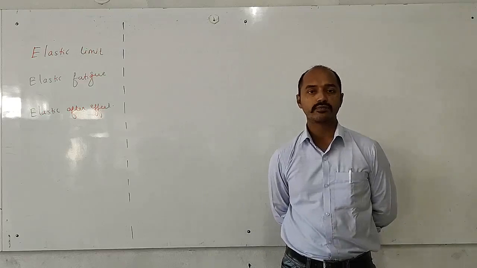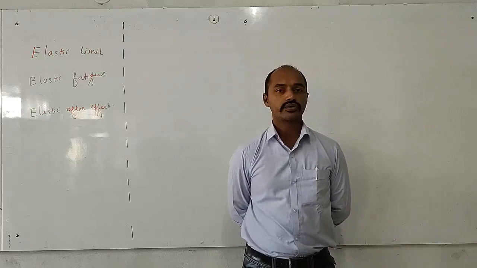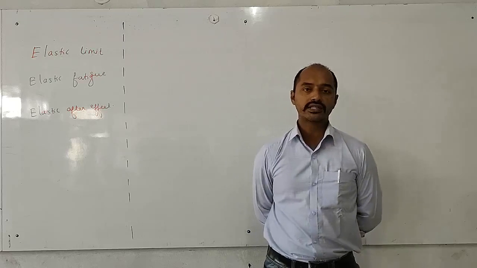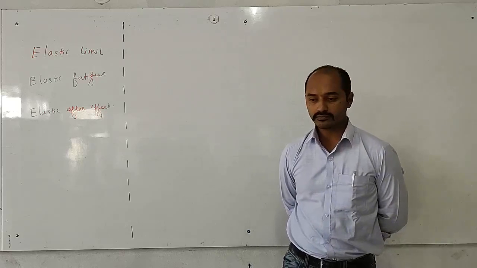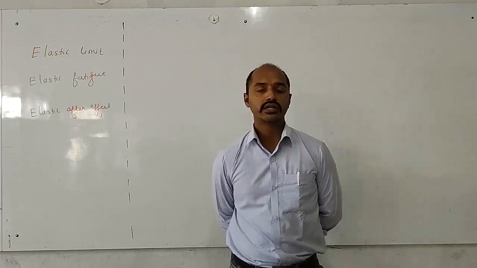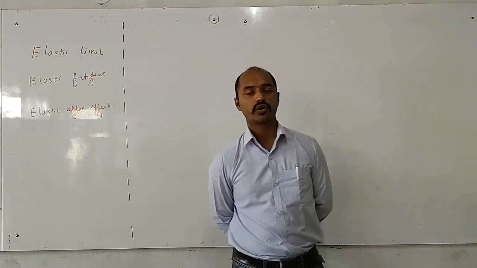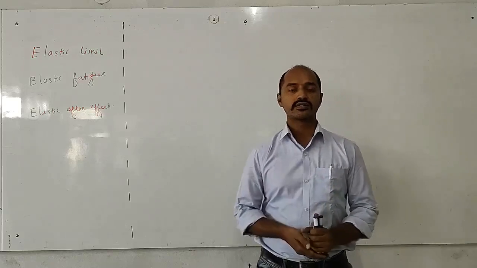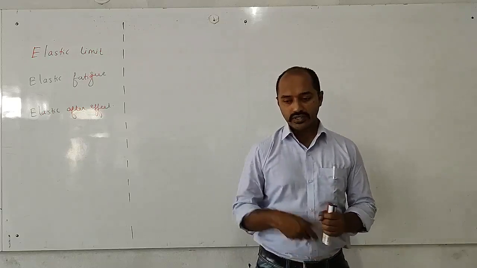So what do you mean by elastic material? We have also studied when the force, or you can say deformation force, is removed, if the body regains its original shape and size, it is called an elastic material. If the body does not regain its original shape and size after removal of the deformation force, such bodies are called plastic materials.